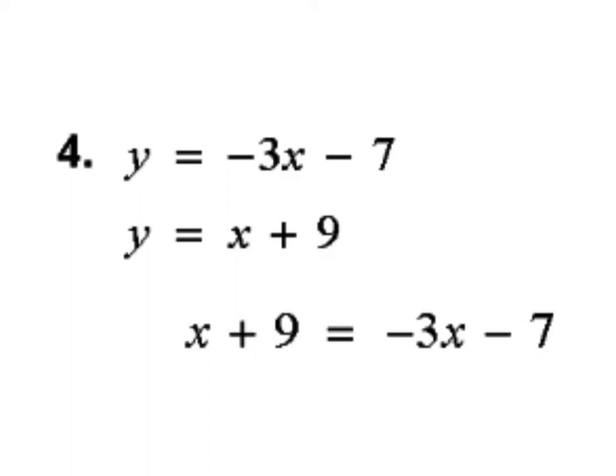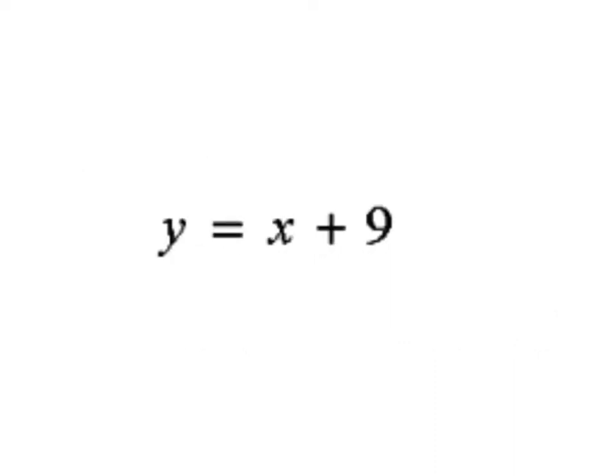Once you get what x is equal to, then from our original equation, we can take a look at this one, y equals x plus 9. All you're going to do is plug your value for x right here.